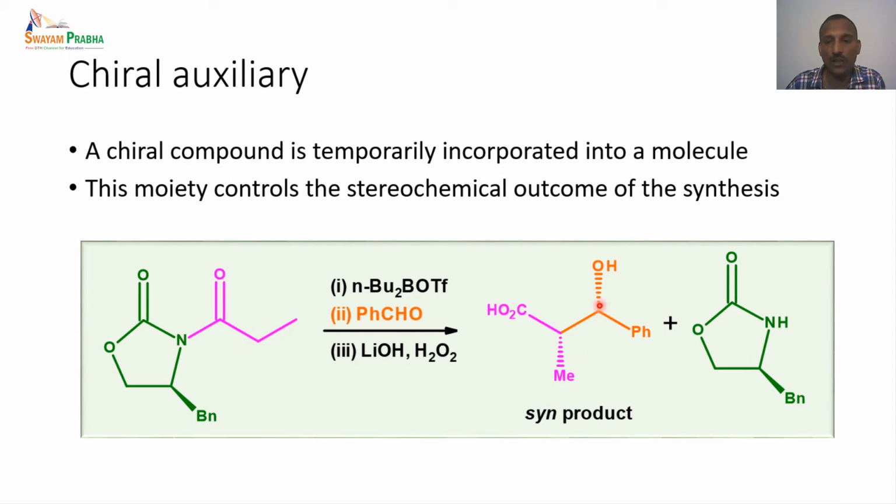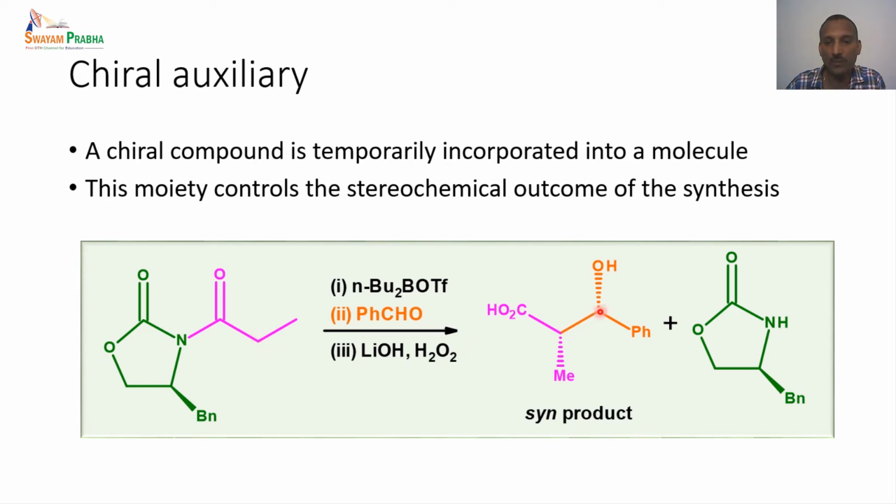So as we mentioned here, this is how the reaction actually proceeds in a highly stereoselective manner, and the product we get is basically the syn product, because the reaction occurs at this carbon, which is alpha to the carboxylic acid. This is the carboxylic acid which was converted to the amide using the chiral auxiliary. So this is the carbon where the reaction actually proceeds.